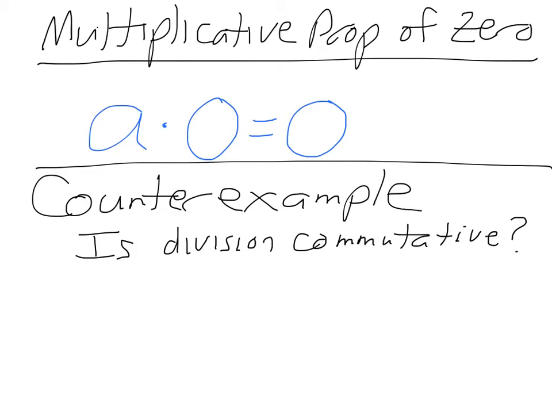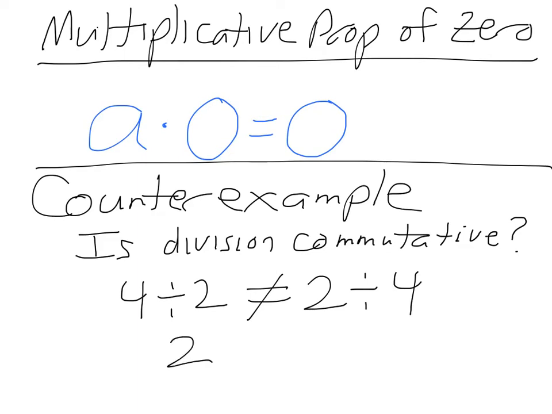We can show it's not by using a counterexample, by simply saying that 4 divided by 2 does not equal 2 divided by 4. One of them gives us 2, the other one gives us 1/2, and obviously those are not equal, so with the counterexample we can show that it's not true.